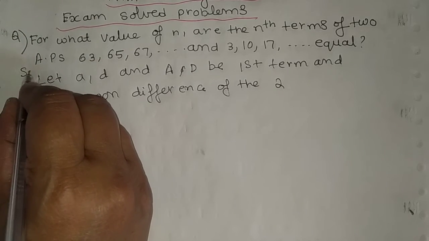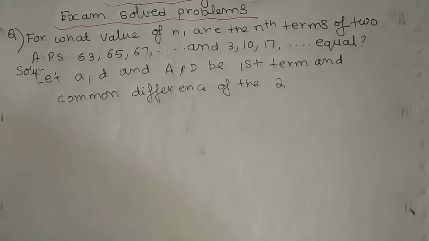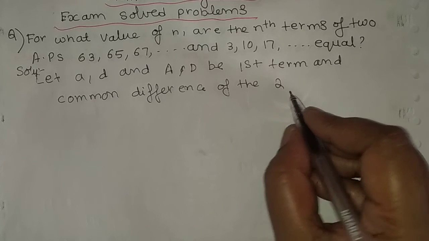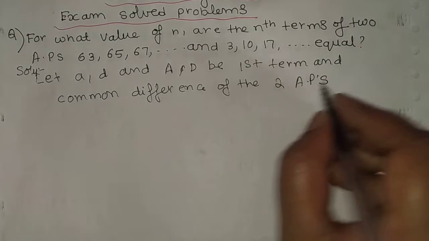So here in the solution, 2 APs are given, and we are taking small a, d and capital A, D as the first term and the common difference of the 2 APs respectively.